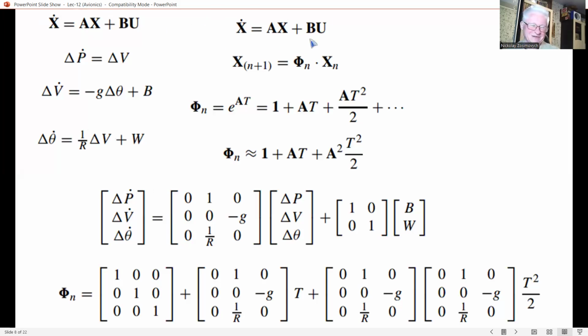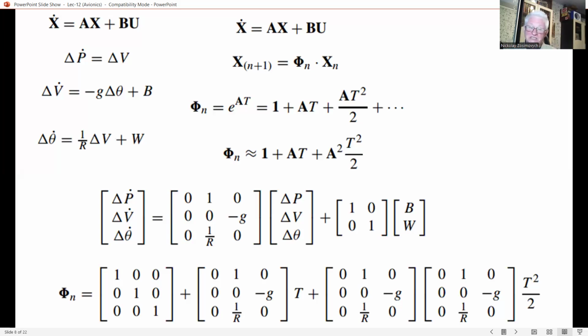Sorry for this. But as already explained in the previous lecture, the state transition matrix Fn relates the system state vector at time t, that is xn, to the system state vector at the next time, n plus 1 times t, where t is the iteration period.